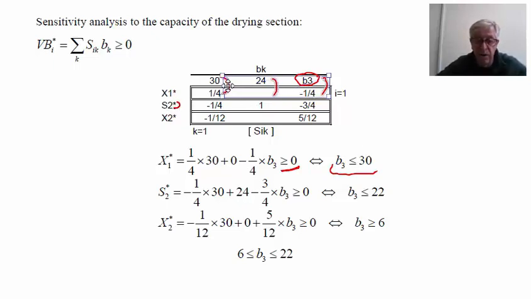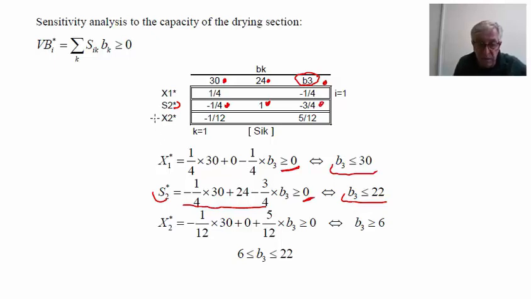Doing the same for the second basic variable, we get something similar. We multiply this coefficient by this one, by this one, by this one, and we get this condition here. Requiring that S2 remains in the base is equivalent to saying that it must remain positive, and we extract another condition for b3.